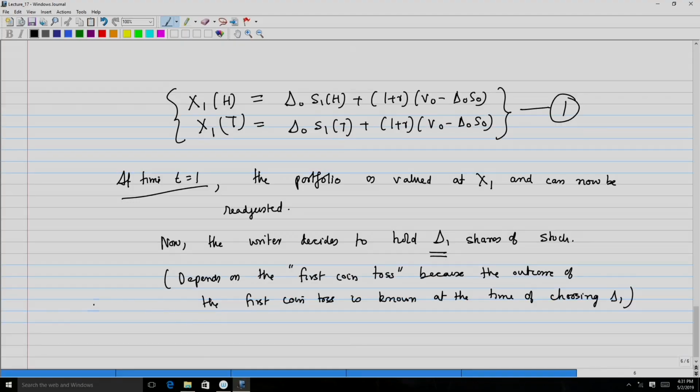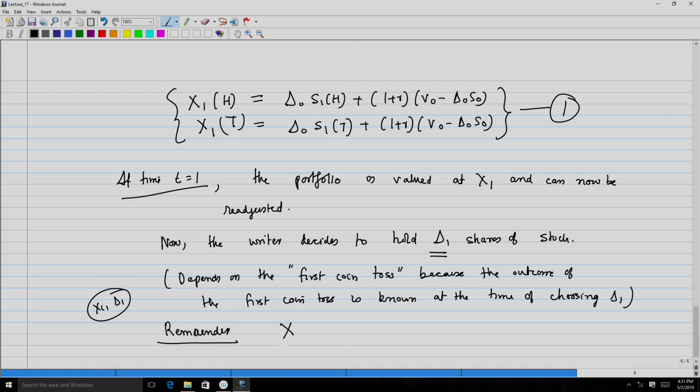All right. So, once you have sorted out this x 1 and delta 1, in that case once you have invested delta 1, what is the remainder?